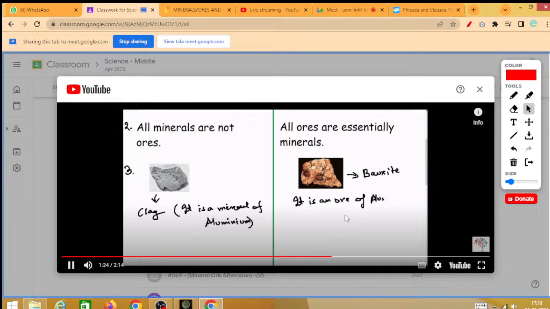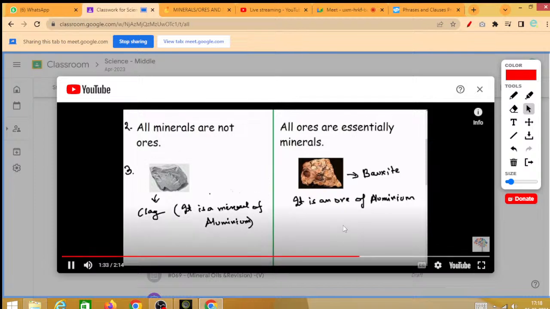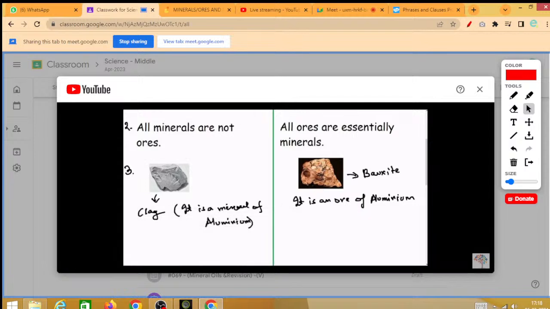So you can clearly understand the differences between ores and minerals. Both of these contain aluminium. But the fact is, bauxite is called an ore because you can extract aluminium profitably from bauxite. But in case of clay, you are unable to extract aluminium profitably or economically.